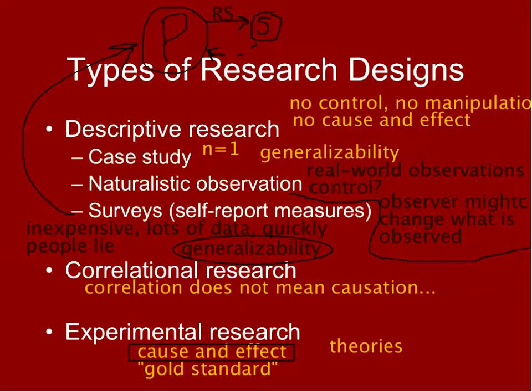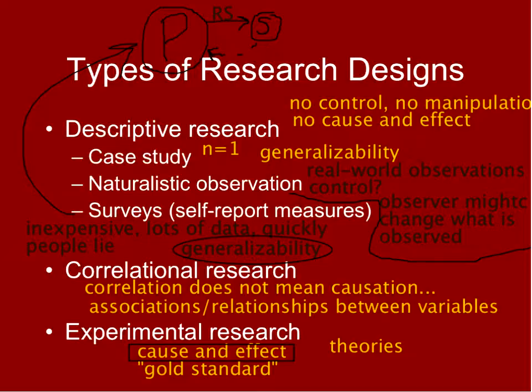Okay, so if correlation doesn't mean causation, why don't we just do an experimental design instead? Well, correlational research is going to be looking for associations or relationships between variables. Well, why do something about associations or relationships? Why don't we instead do a true experiment and determine cause and effect relationships?